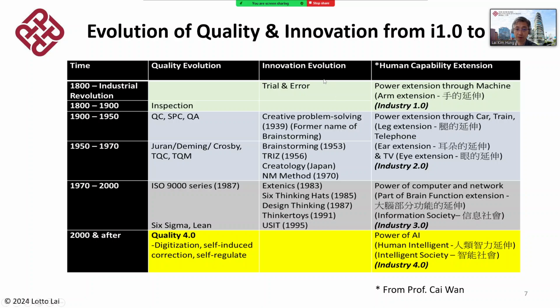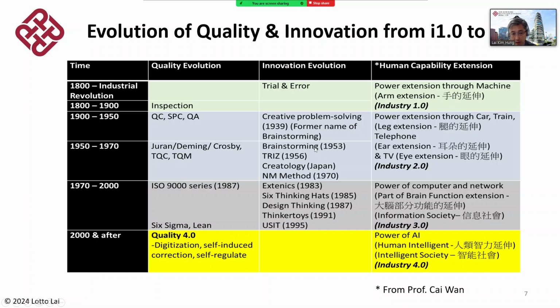In the innovation evolution, from the trial era, here is some creative problem solving or brainstorming. It's 1939, when the term brainstorming started. In 1953, and TRIZ in 1956.